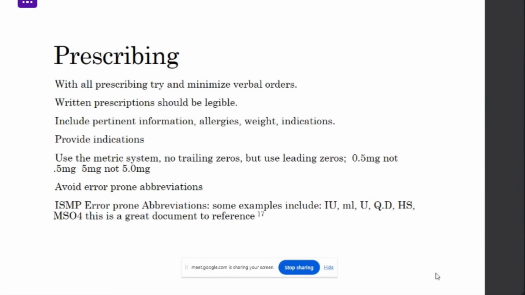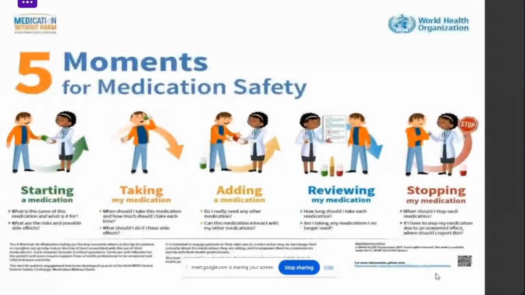So these are the common things that need to be taken care of, because we have encountered multiple errors just due to this, where a dose was to be given as 7.5 mg, the decimal got wrong and the patient received 75 mg, which was 10 times, and the patient had hypernatremia and the sodium level skyrocketed. Thankfully, the patient was managed conservatively and there was no harm to the patient at the end.